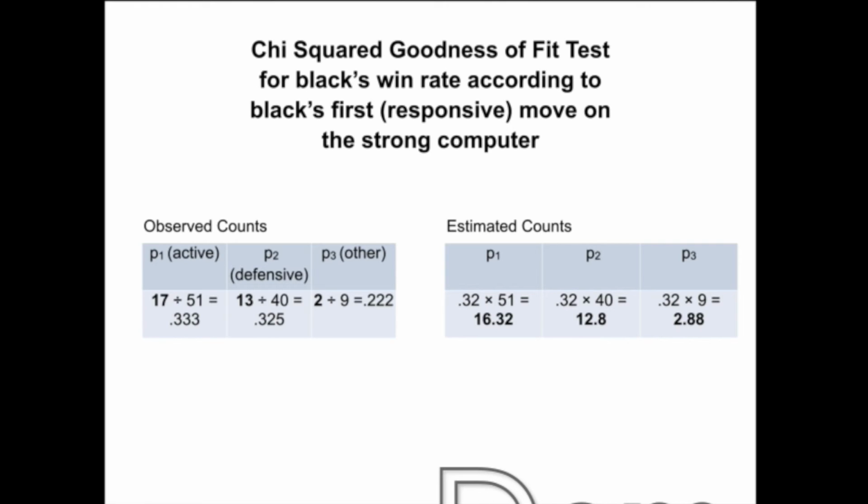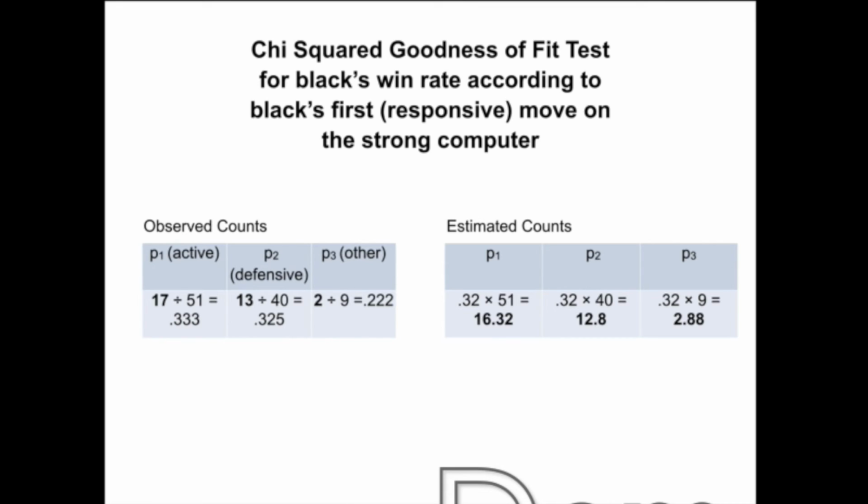So the proportion was 0.33, but our observed count is 17. And out of the 40 games that black played defensive, it won 13 of them, so it's 0.325. And out of the 9 games that it played anything besides active or defensive, so other, it won 2 out of 9 games. So the observed counts are 17, 13, and 2.